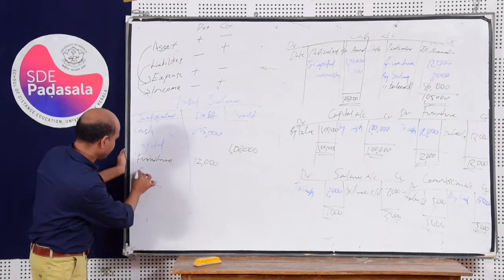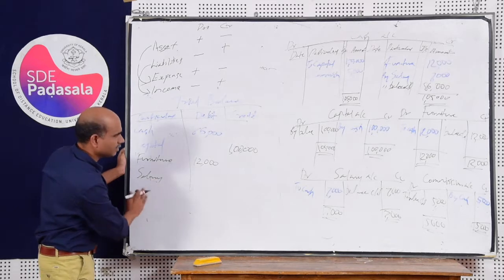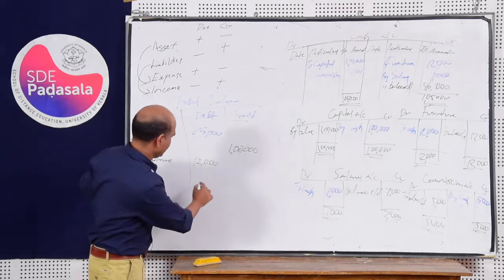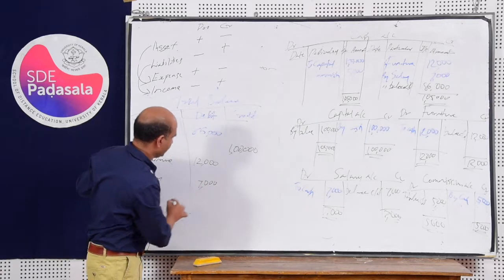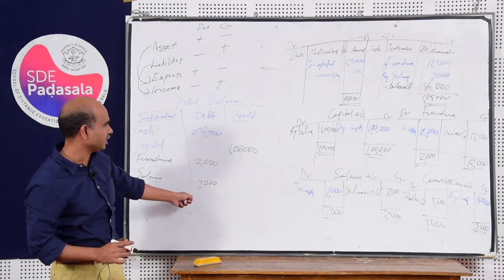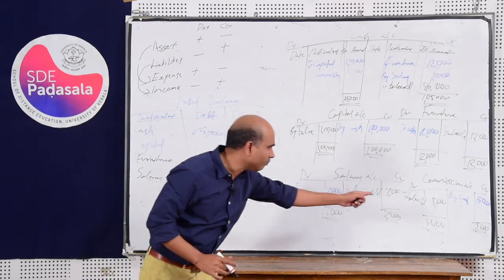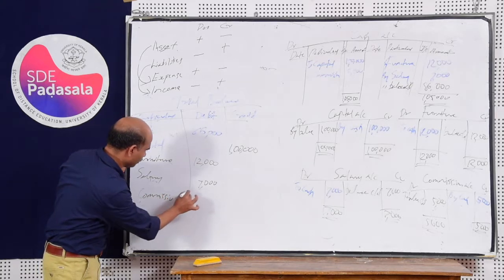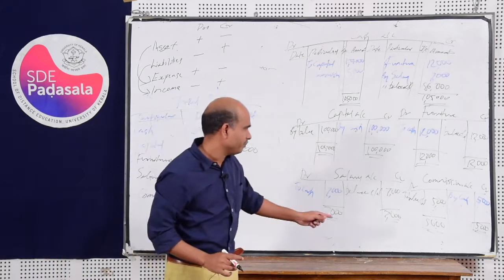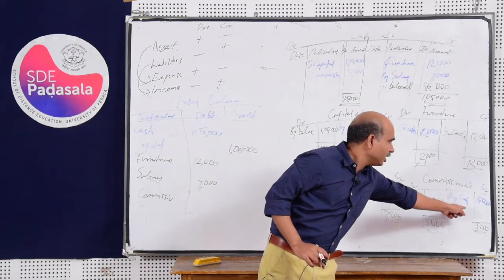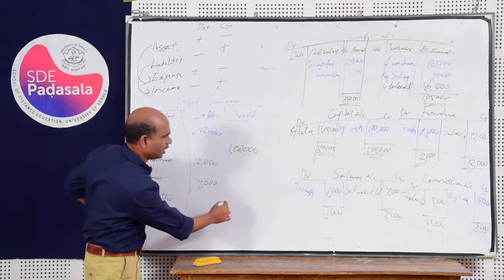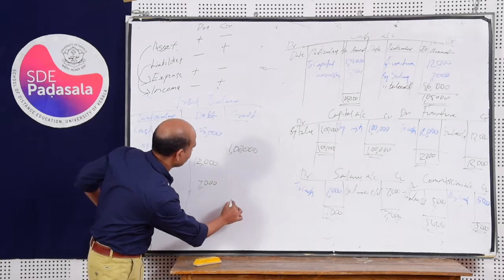In the case of salary, debit side is greater than credit side. In the case of commission, the right hand side having much more amount than debit side. So, credit balance, commission 5,000.